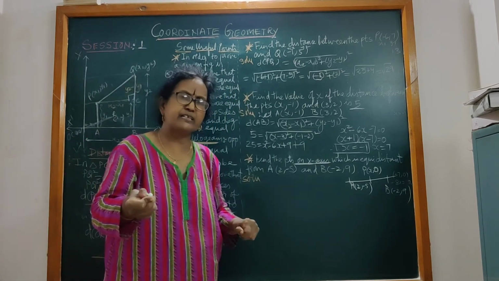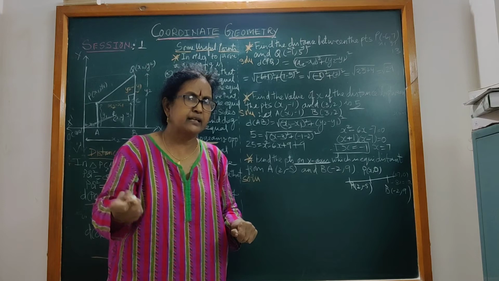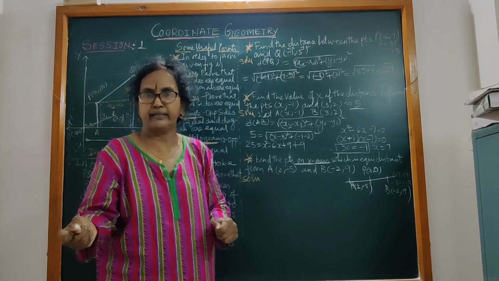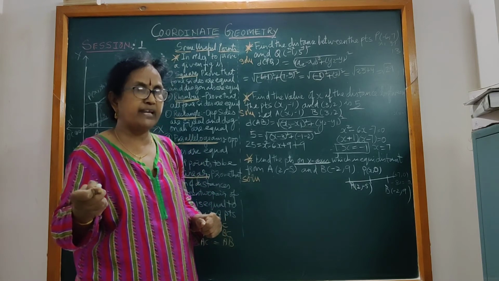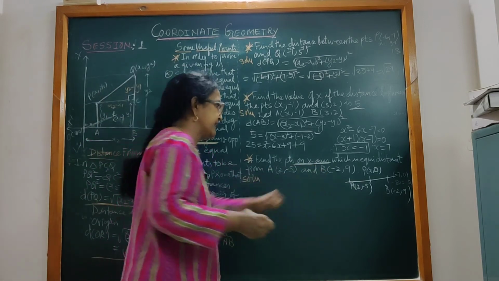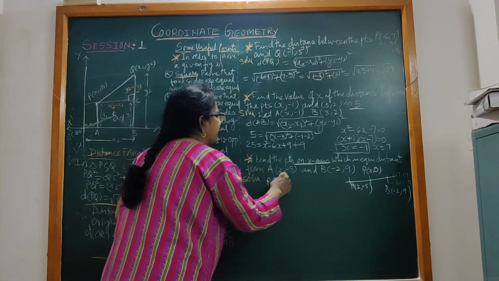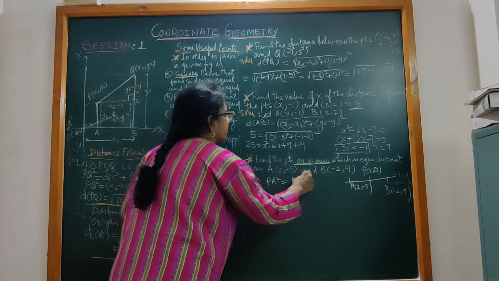Understood? If it is saying the point is lying on the y-axis, then the coordinate of point P will become 0, y. Here the point is lying on x. Now, as it is equidistant, PA square is equal to PB square.